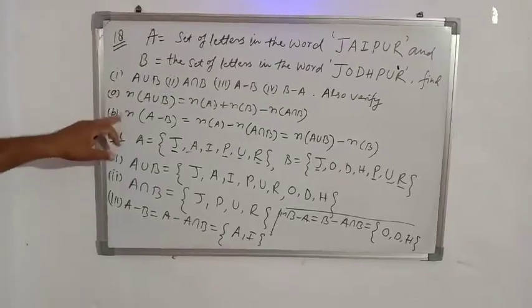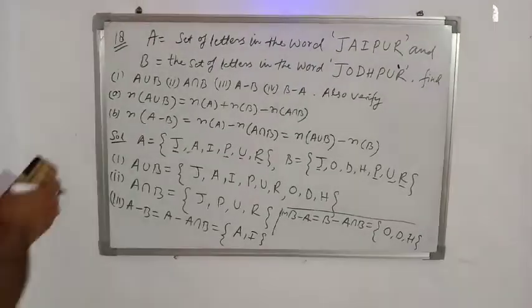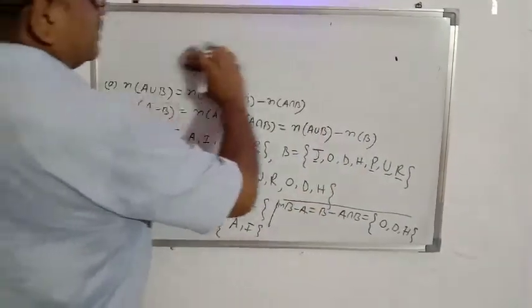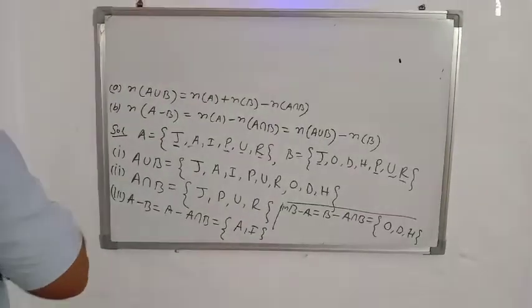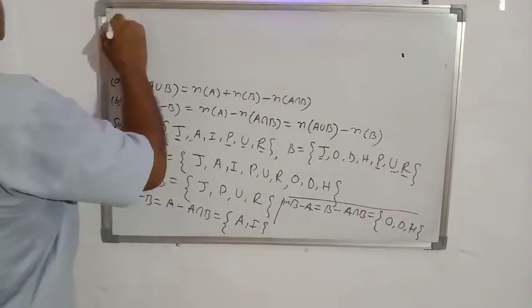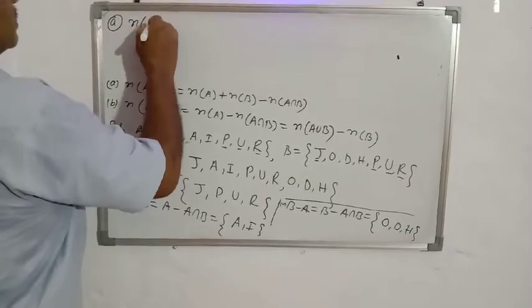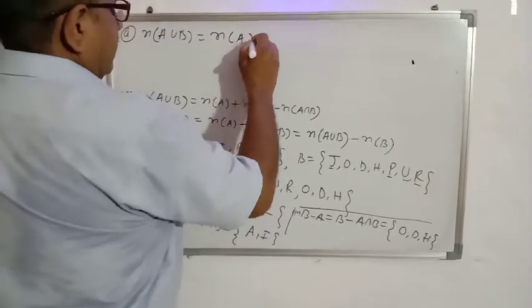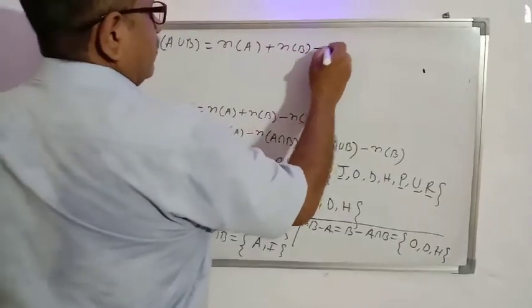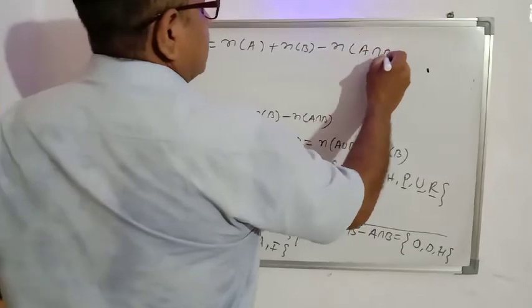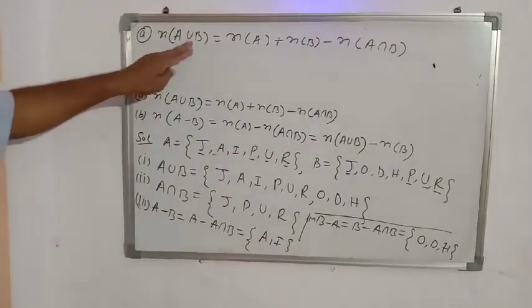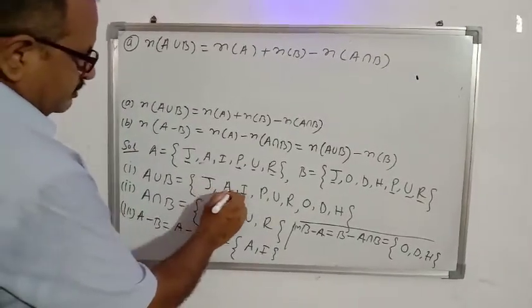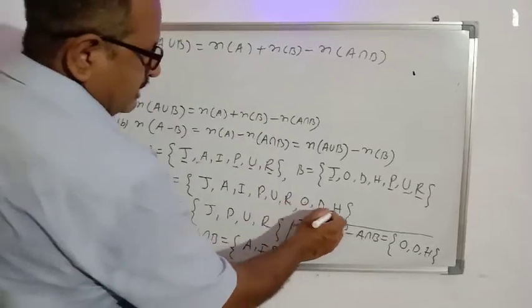Now we have to verify these two results. So write the first result. n(A union B) is equal to n(A) plus n(B) minus n(A intersection B). n(A union B) means cardinal number of A union B. So count how many elements are there. 1, 2, 3, 4, 5, 6, 7, 8, 9.